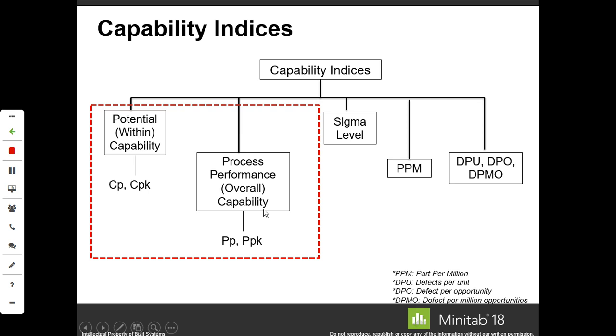Other indices like sigma level, and maybe also PPM, parts per million, are quite popular. And then we have DPU, DPO, and DPMO. Basically, the capability index is different because we have different types of data.